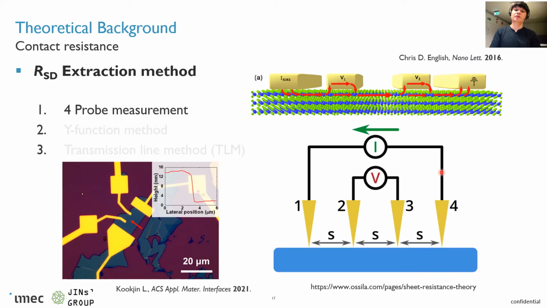So in this paper, we use two methods for extracting or calculating contact resistance. The first method is the four-probe method using inner electrodes, as shown in the optical image.